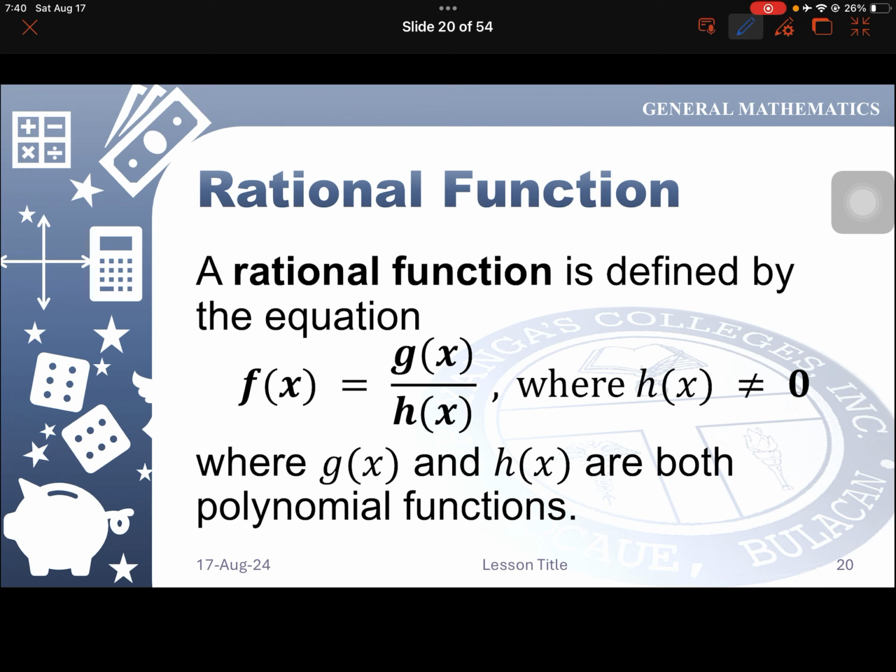Okay, so we have here g of x, which is a polynomial function, and h of x, which is also a polynomial function. So for us to better remember the rational function, the numerator is a polynomial function and the denominator is also a polynomial function. And this denominator should not be equal to 0.